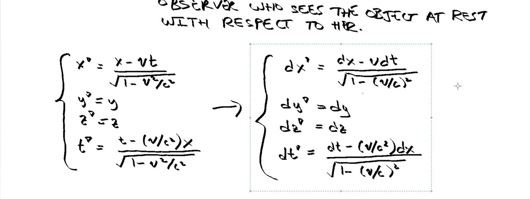And at this point, I would probably advise that you pause the video, see if you can manipulate dx prime over dt prime, dy prime over dt prime, and dz prime over dt prime to get the following. And since we've already used v for the relative velocities between the primed and the unprimed frames, I'm going to call the speeds u's.